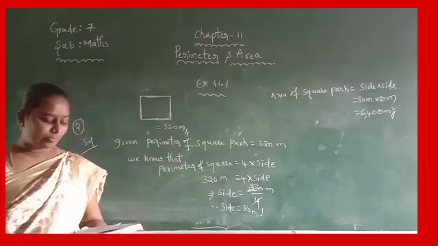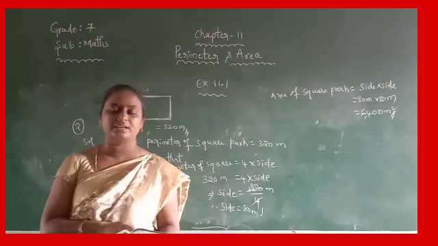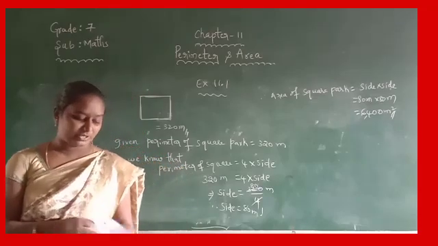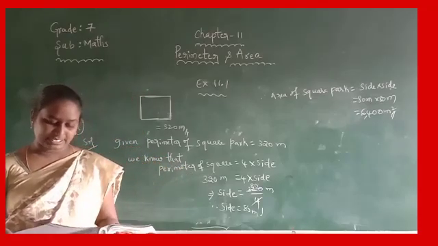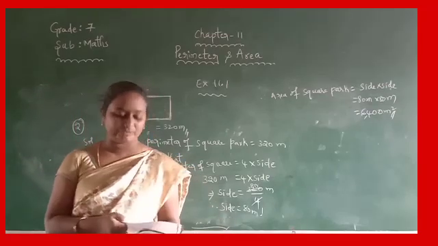Right, children. So based on this perimeter and area of rectangle or square, there are example problems that we have to solve today. So today I am giving you homework.